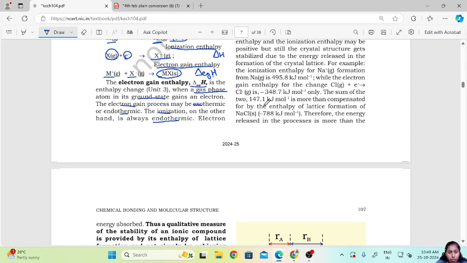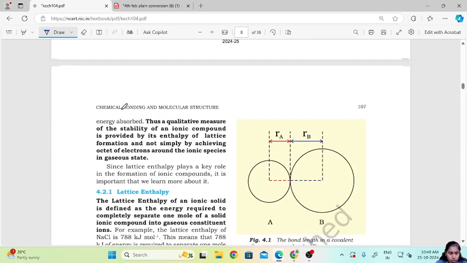The sum of both, 147.1 kilojoules per mole, is more than compensated for by the enthalpy of lattice formation. Therefore the energy released in the process is more than the energy absorbed.